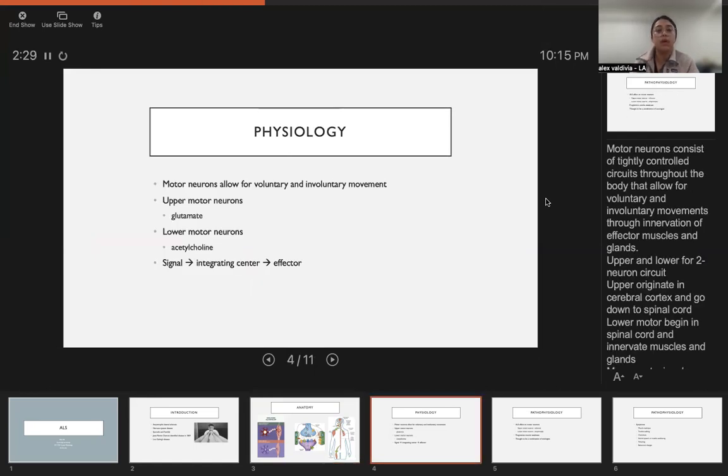So a little bit about the physiology. Normal motor neurons consist of tightly controlled circuits throughout the body that allow for voluntary and involuntary movements through innervation of effector muscles and glands. The upper and lower motor neurons together make a two neuron circuit.